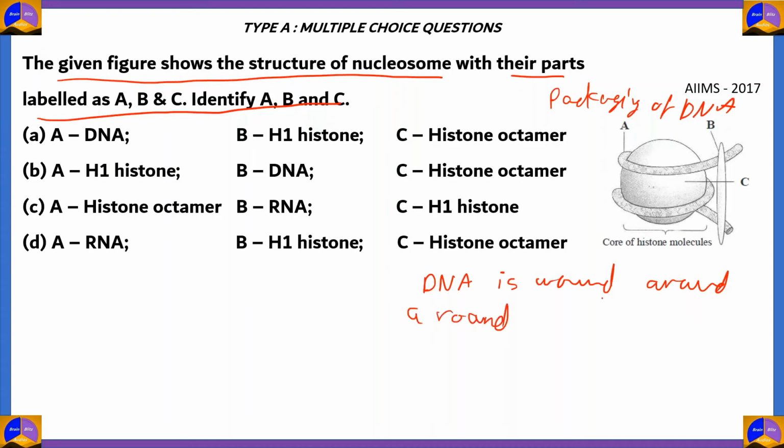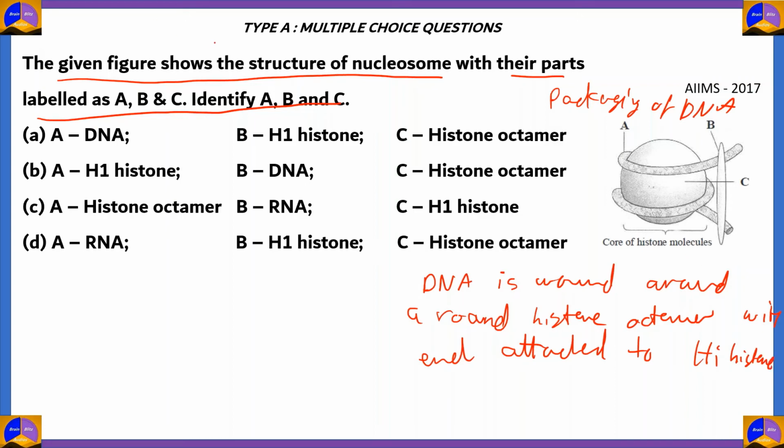So it is wound. This is spun on the edges of a round histone octamer with the ends of the DNA attached to H1 histone.